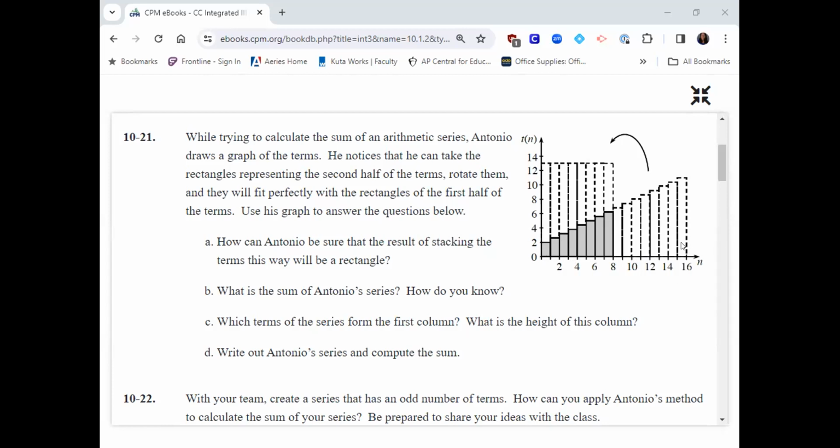And what is the last term? I think it's 10, or is it 11? It's 11. Sorry, I just cheated and looked ahead. It's 11. Okay.